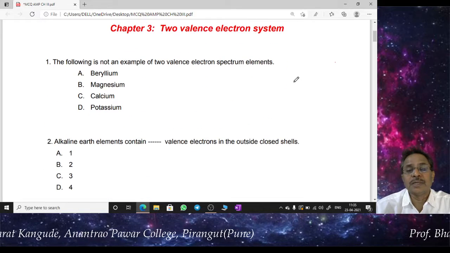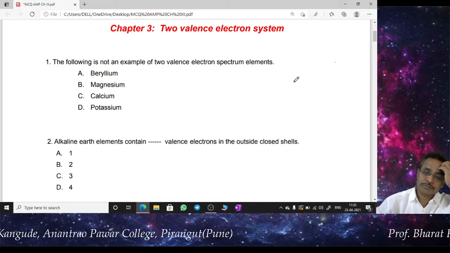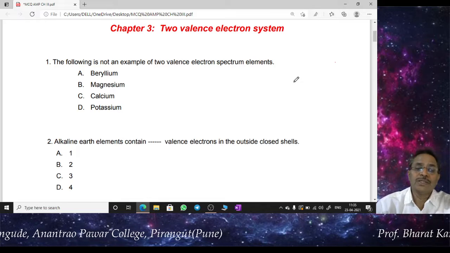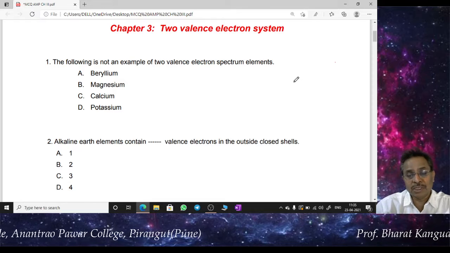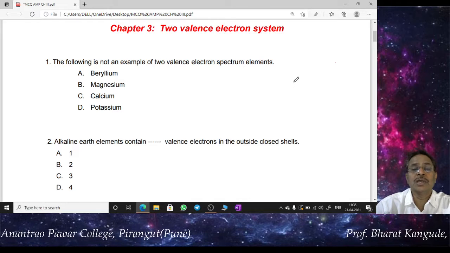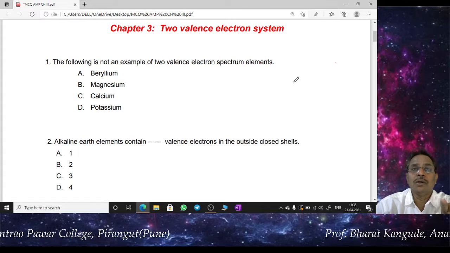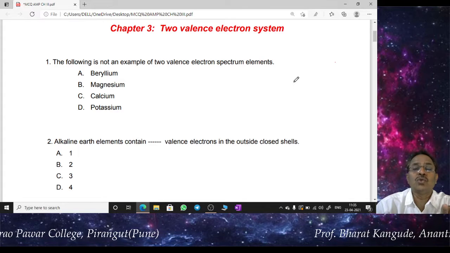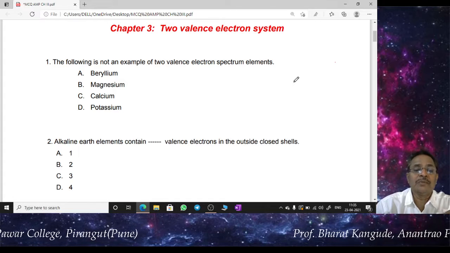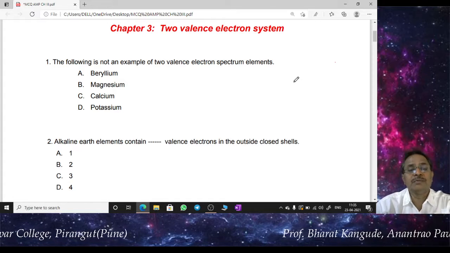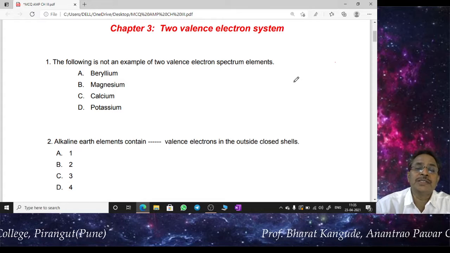Now this is chapter 3, the two valence electron system. Question 1: the following is not an example of a two valence electron system element. So we have to identify, out of the given four options, which element does not fall in the category of alkaline earth elements or the two valence electron system. Option A is beryllium, option B is magnesium, option C is calcium, and option D is potassium.